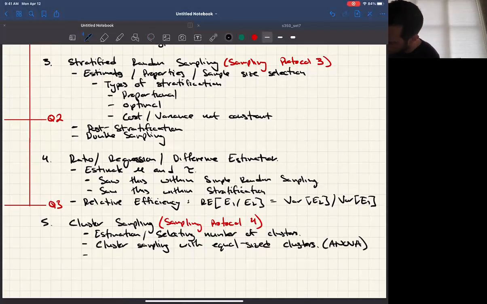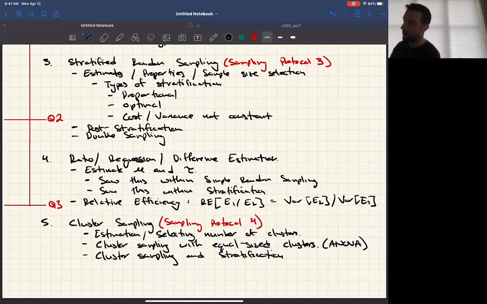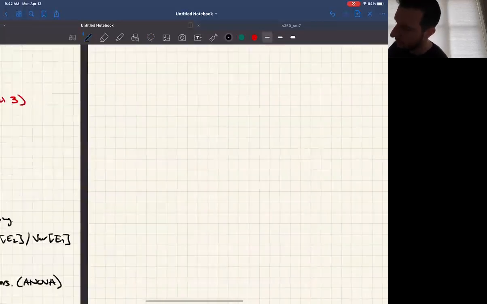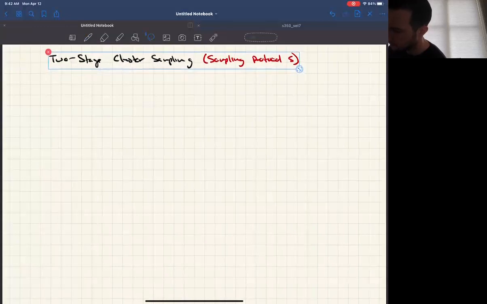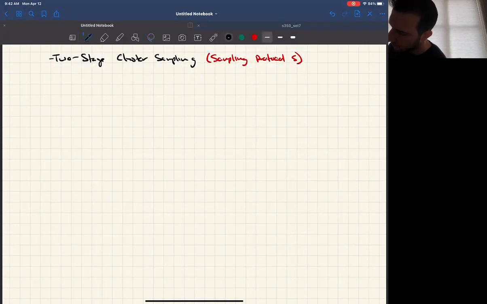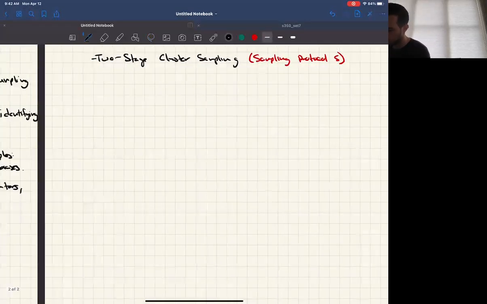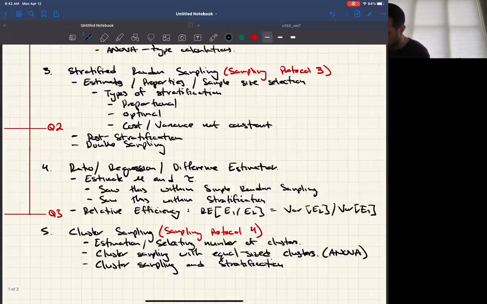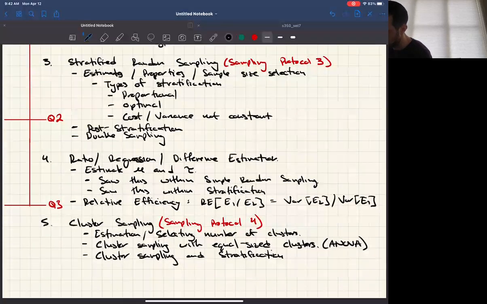And then we also had cluster sampling and stratification. Okay. I'll fix it after.